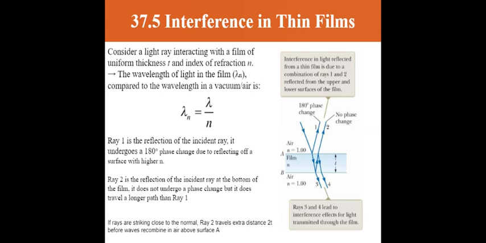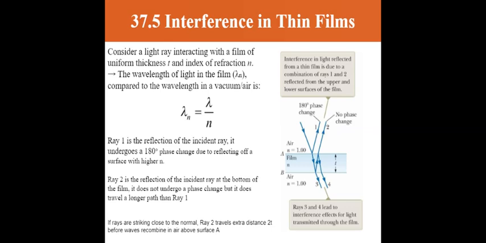We also need to consider the path length between them. There's a bit of horizontal and vertical difference between the distance traveled by ray 2 and ray 1. But as an approximation, we're going to assume that the rays are close enough to the normal that the horizontal difference in their path length is insignificant.